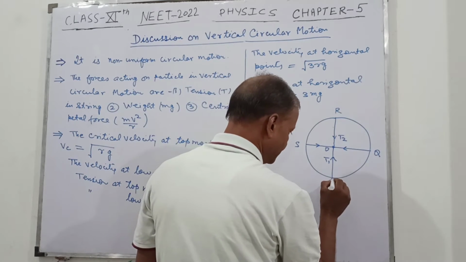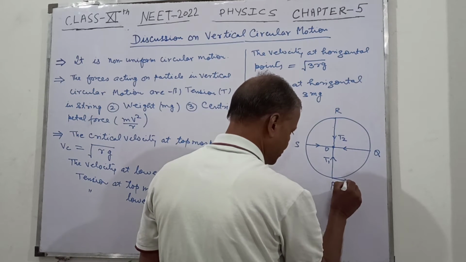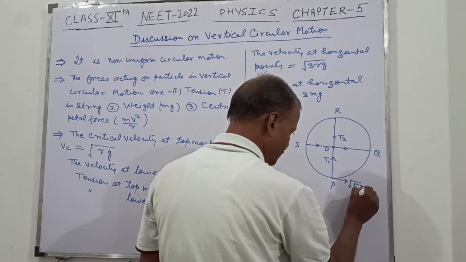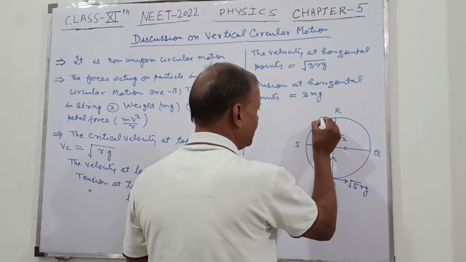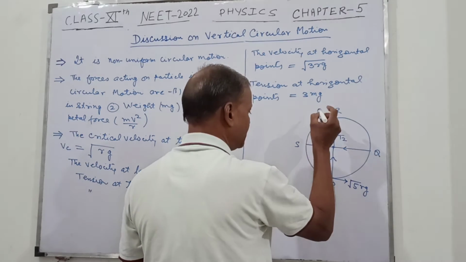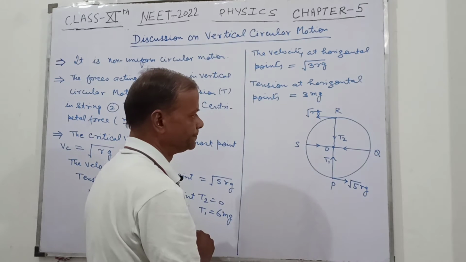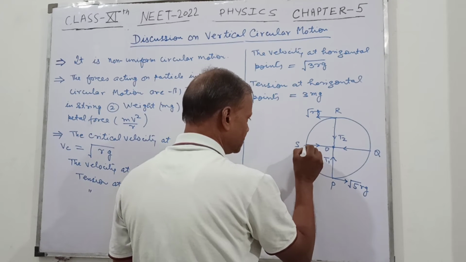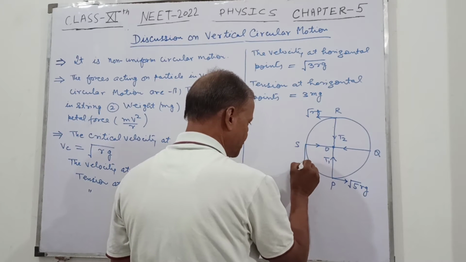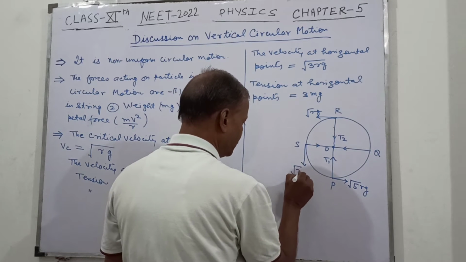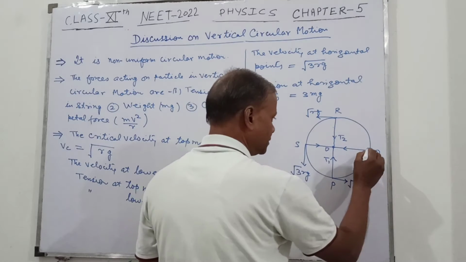Here the velocity at this lowest point is square root of 5 rg. Here the velocity is square root of rg.